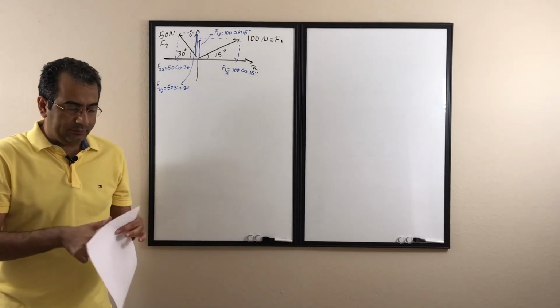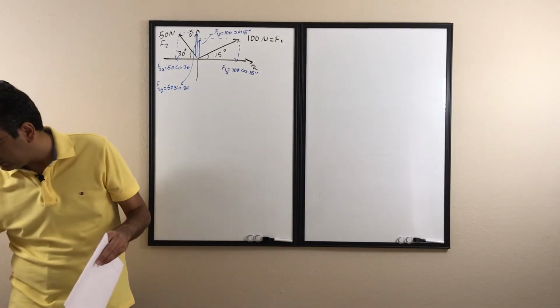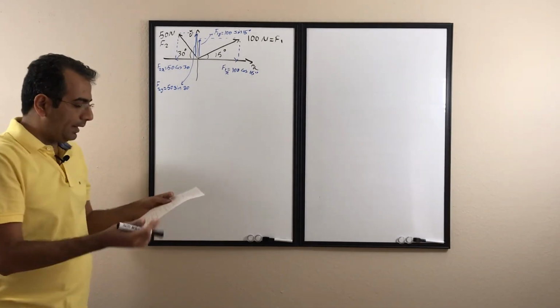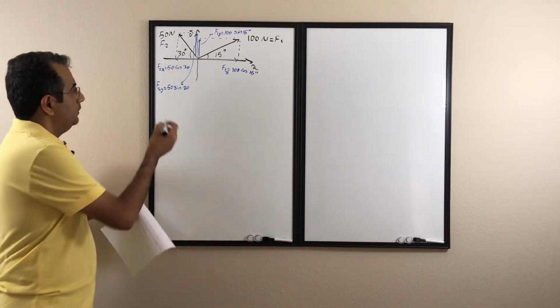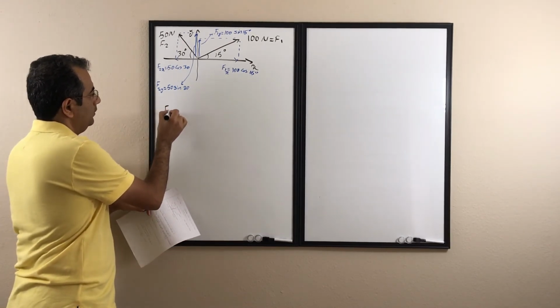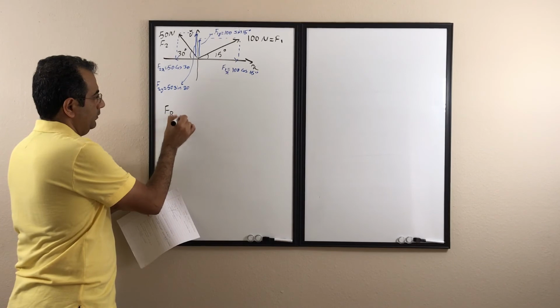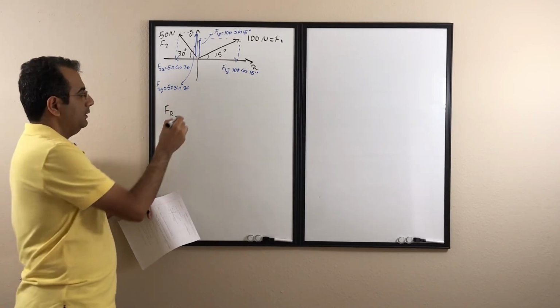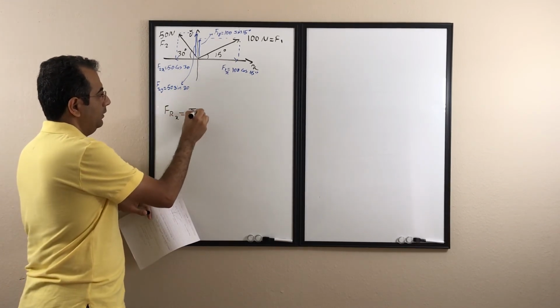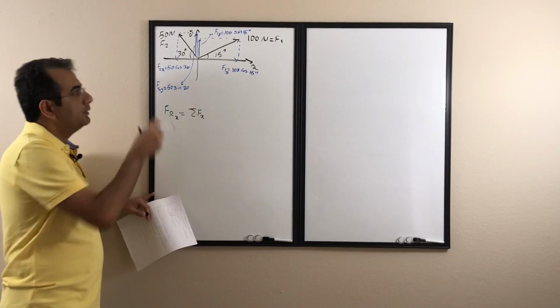The second step, after we have that, for the scalar one is very easy, just add them all together. So for the component of the resultant force in the x direction, you just add all the forces in the x direction that we have.